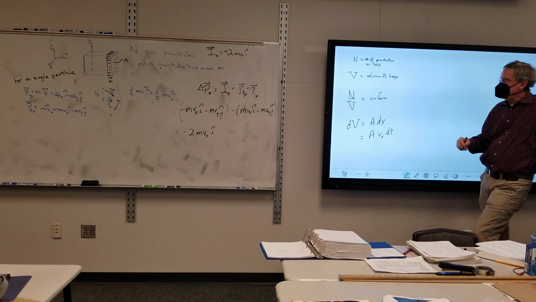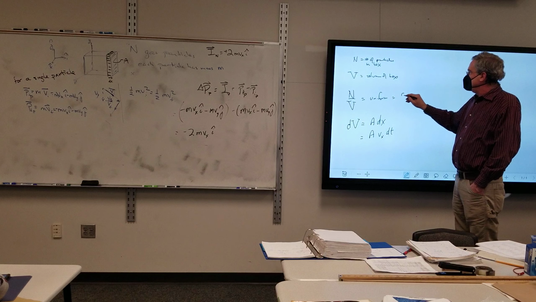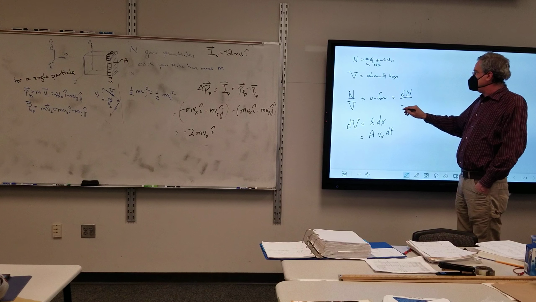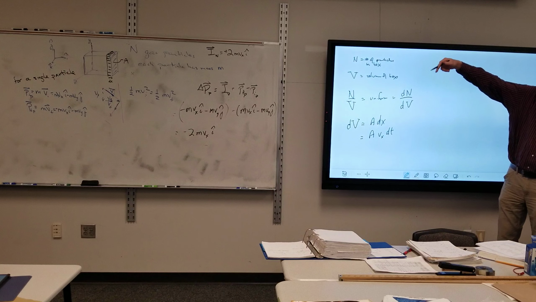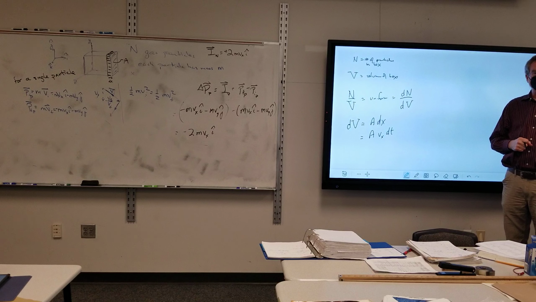Now, since this is uniform, this will be dN over dV, where dN is the number of particles in my blacked out region over there.